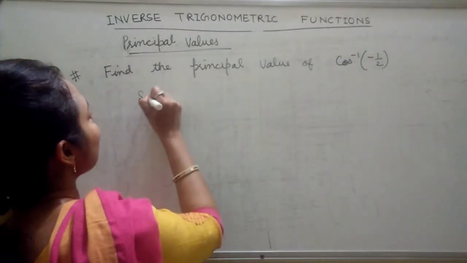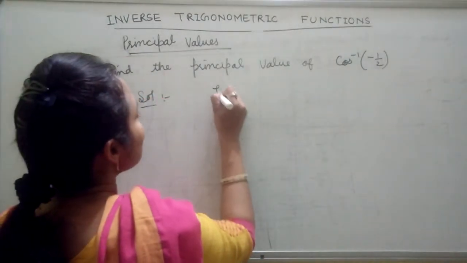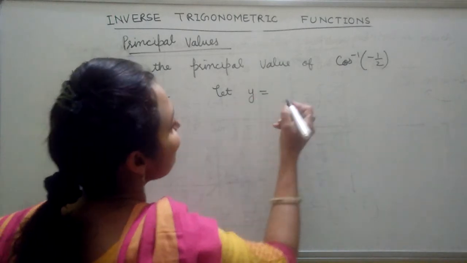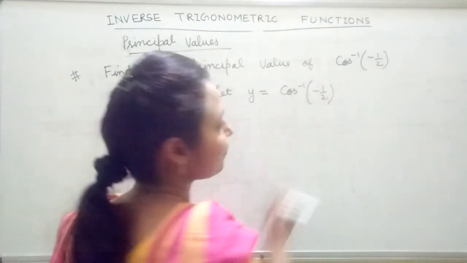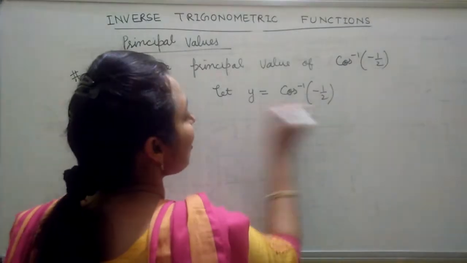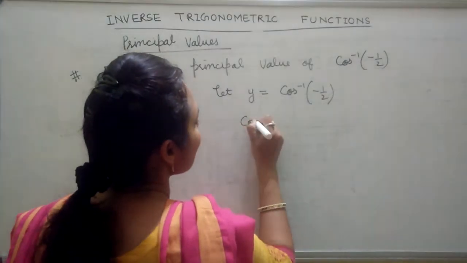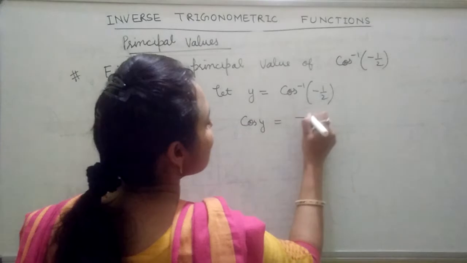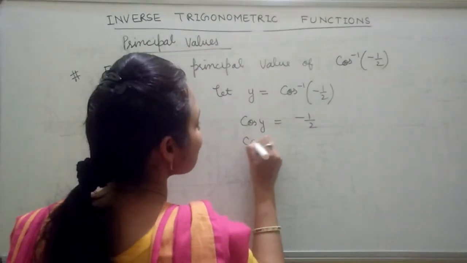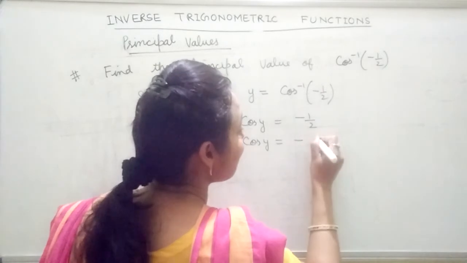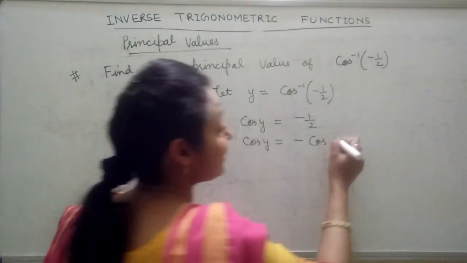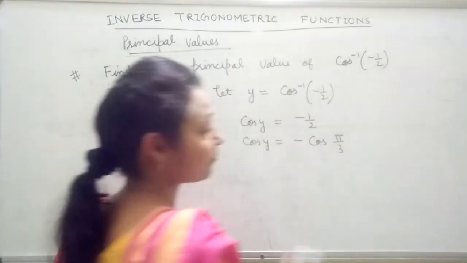For finding it, I will take y again, let y equal cos inverse negative 1 by 2. Taking cos on both sides, this will cancel, and 1 by 2 is there. Cos y equals minus cos of the value at 60 degrees, that is pi by 3.